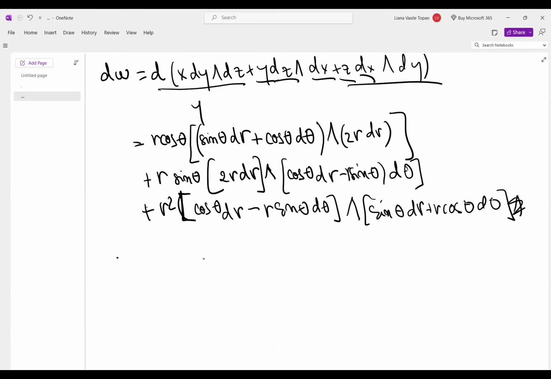Now we need to calculate here. So dr wedge dr will be 0, so I'm just taking the second term. I have r cosine of theta times sine of theta, that's r sine of theta cosine of theta. Then I still have a 2r here, so I get 2r squared.